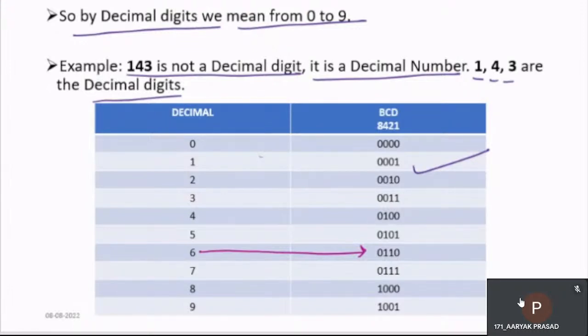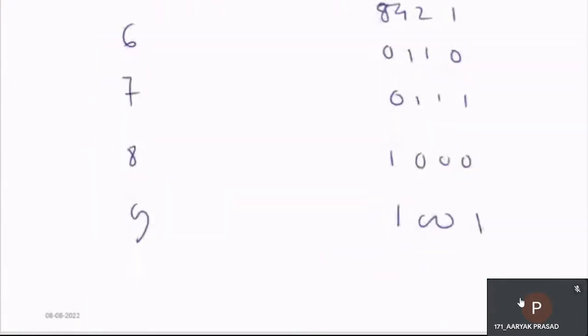And in the positional weight 4, the binary number 1 is present, so 4 is multiplied by 1, and then 2 multiplied by 1, and then 1 multiplied by 0. And if you add up all these products, you will get 6. Okay, so this is the positional weight 8421.